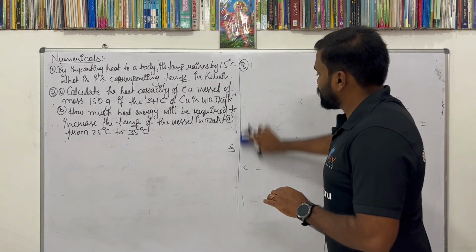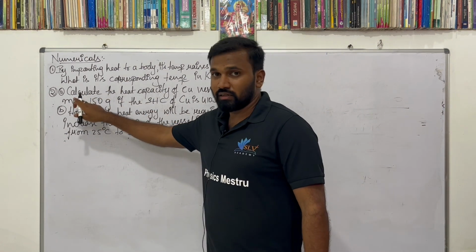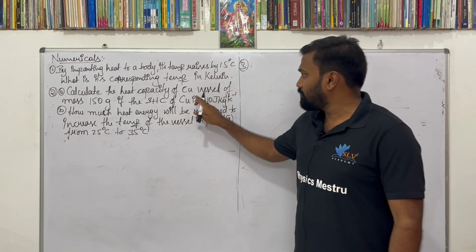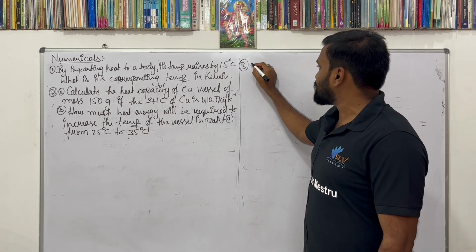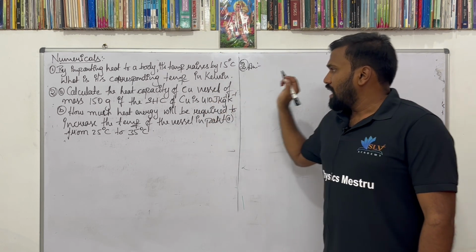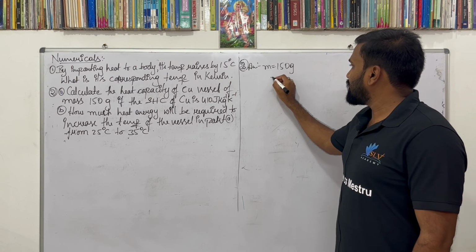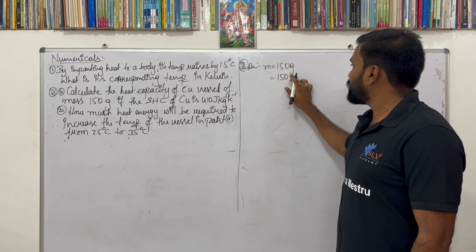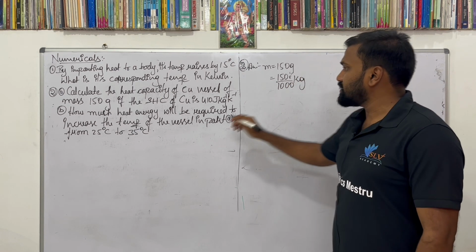The 2 sub questions include the information like calculate the heat capacity of a copper vessel of mass 150 grams. They have given the mass. Okay, so this is the second one's answer. The mass is how much? 150 grams. Let us convert it into kg. 150 divided by 1000 kg.